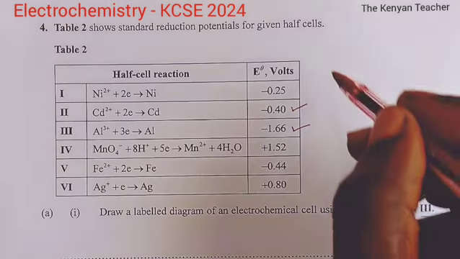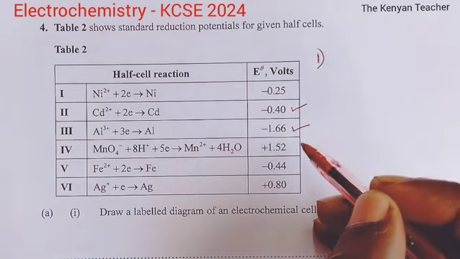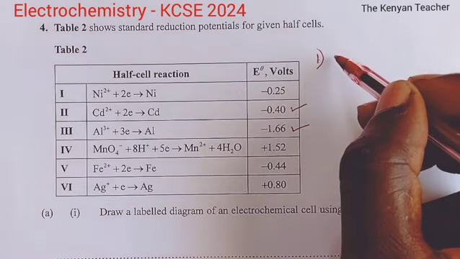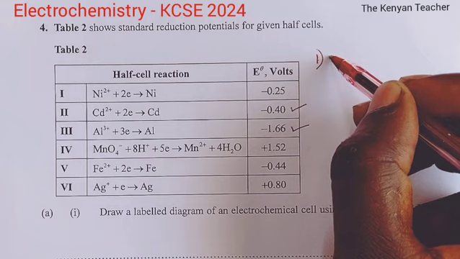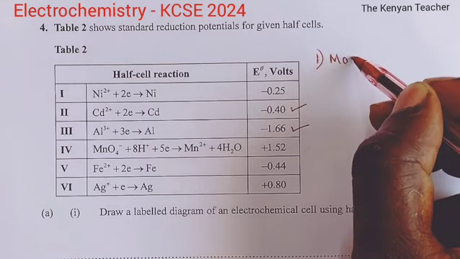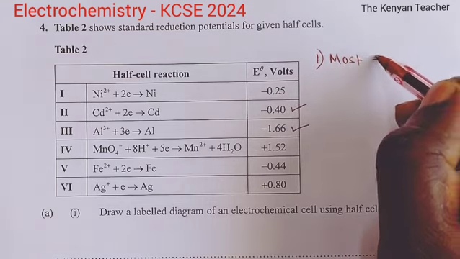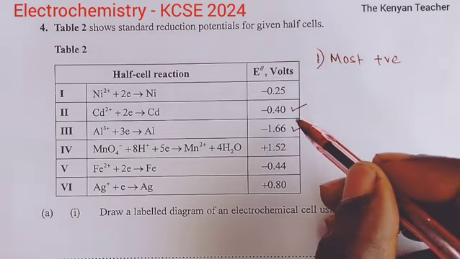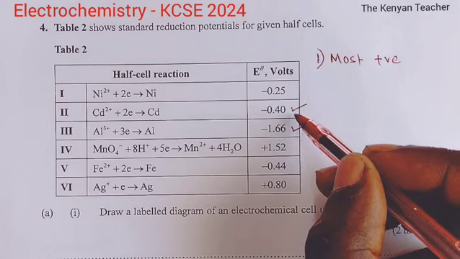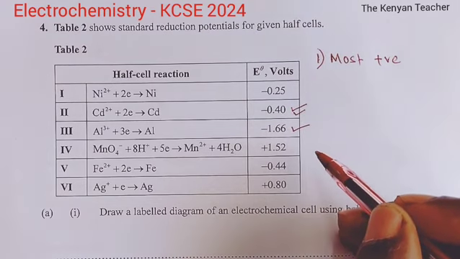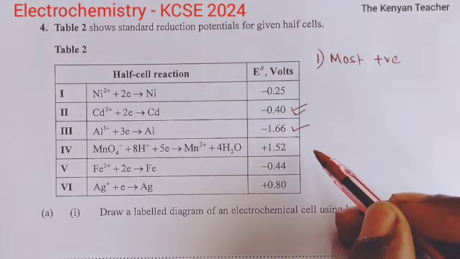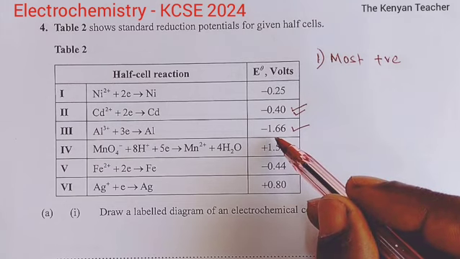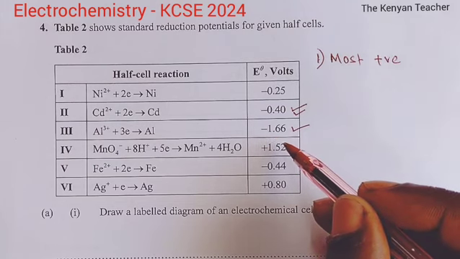So here goes the memory tool. Between the two that we have selected, a candidate should be able to identify the one that is most positive. And you agree with me that negative 0.40 is more positive than negative 1.66.